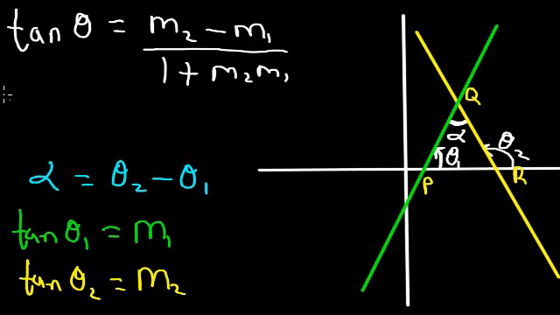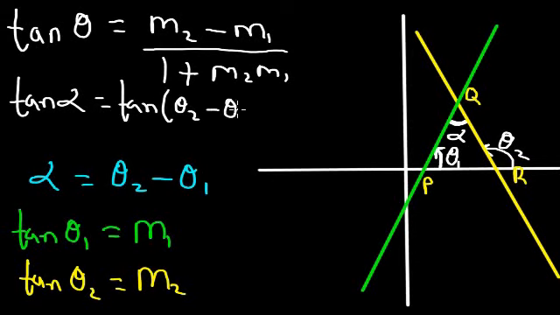So taking the tan of both sides, I can clearly have tan alpha equal to tan of (theta 2 minus theta 1).